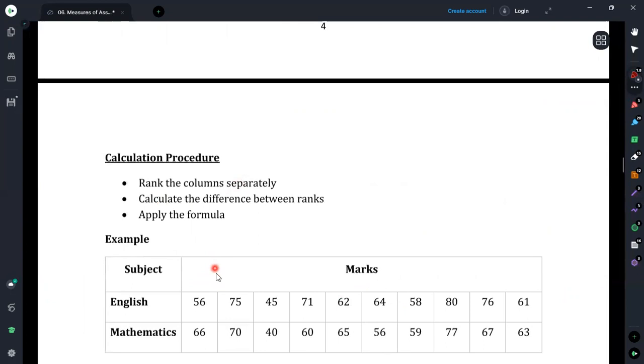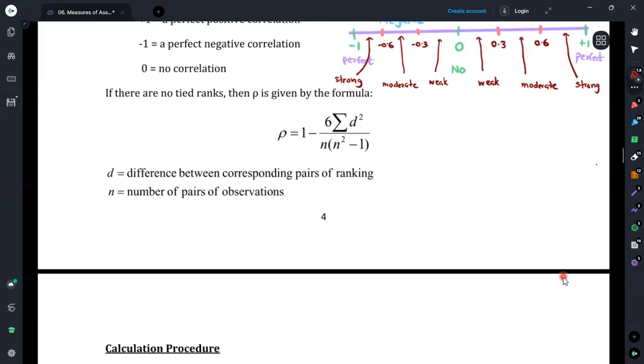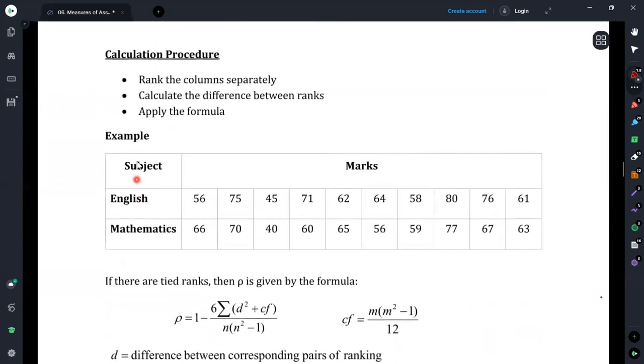Here, as the first thing, we'll see whether we have any tied rankings, and how we can apply this formula to calculate the Spearman's rank correlation. It is given that for the subjects they have marks, and you are asked to calculate the Spearman's rank correlation.